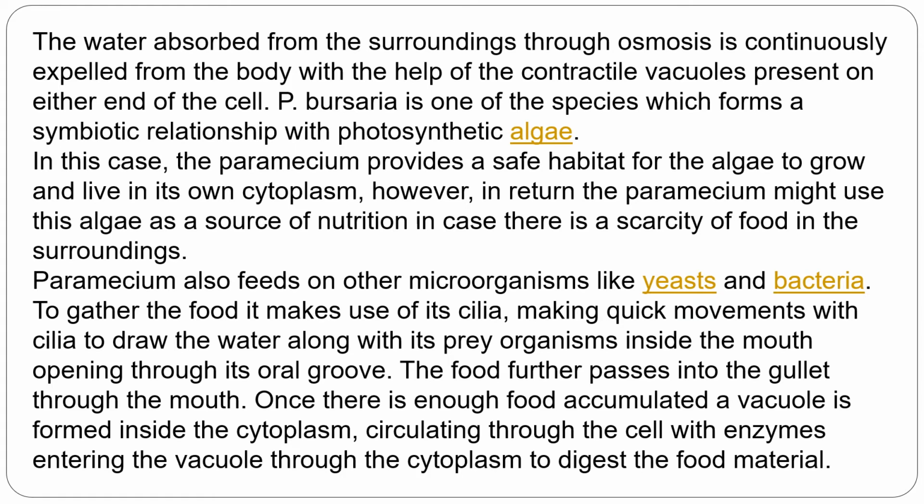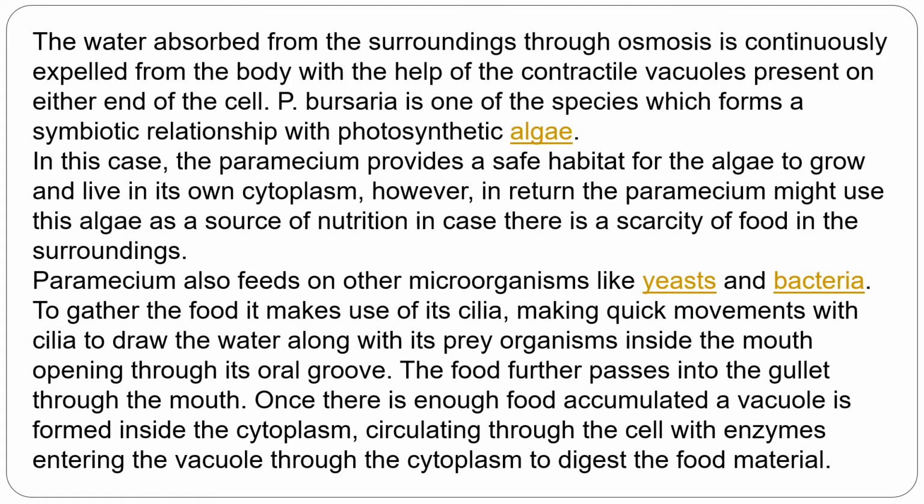Paramecium bursaria is one of the species which forms a symbiotic relationship with photosynthetic algae. In this case, the Paramecium provides a safe habitat for the algae to grow and live in its own cytoplasm.